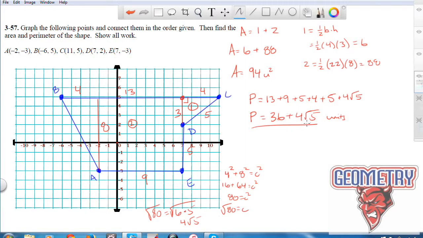These are different types of numbers. So here we have this irrational square root of 5, and here we have this rational number 36. We can't smush them together and make one big thing. If this was in terms of root 5s, and this other term was in terms of root 5s, then yes, you can smush them together. But in this case, we're stuck with just 36 plus 4 root 5. That's as simplified as we can get.